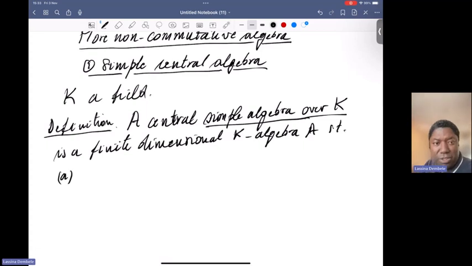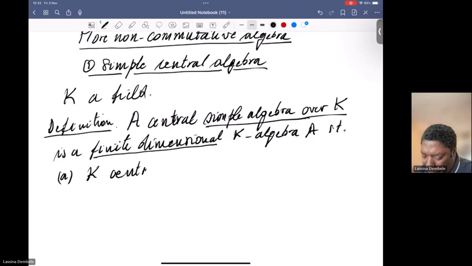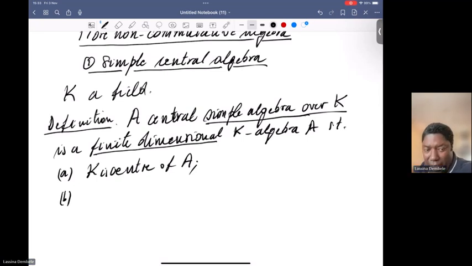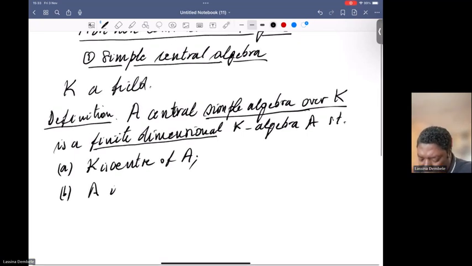So the first condition, which I basically just repeated: finite dimensional, and you want K to be the center of A. And then you want A to be simple, which we saw before.